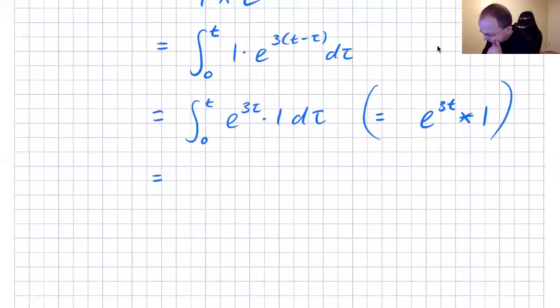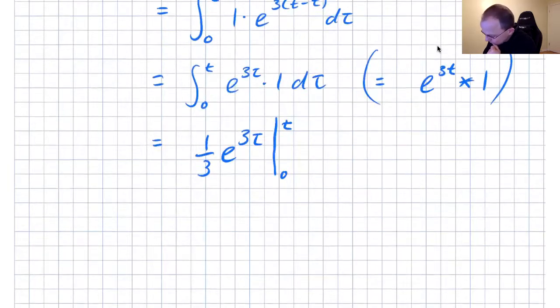Okay, so this is a pretty simple integral. So it's going to be 1 over 3 e to the 3 tau. That's the antiderivative. And we're going to evaluate that between 0 and t. So we'll get 1 over 3 e to the 3t, and then minus 1 over 3 e to the 0, which is 1.